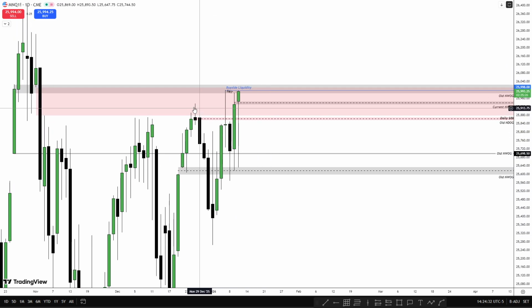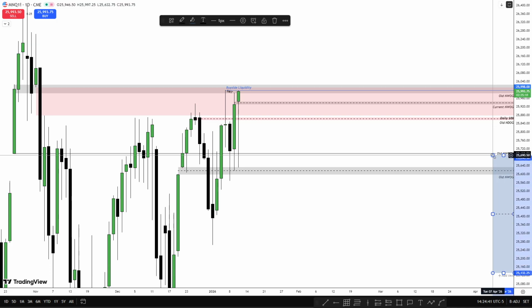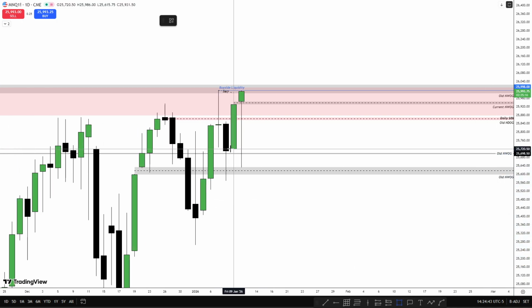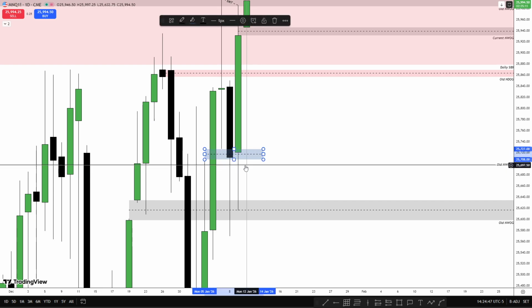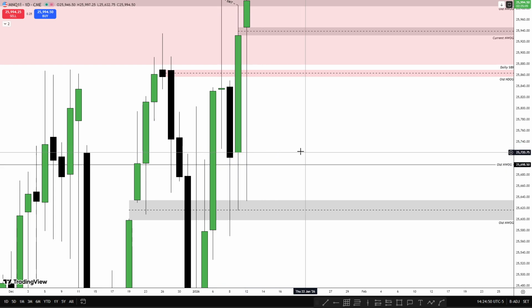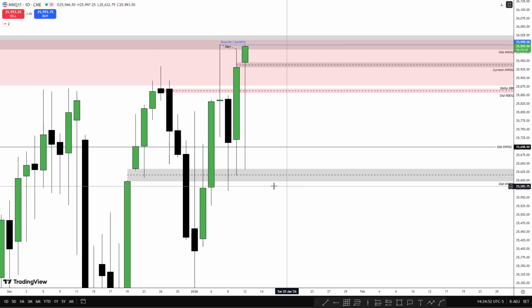Then we went higher. We swept this high on Wednesday, then we retraced. You can see the body of the Wednesday candle closing below this. Okay, nothing. But we have a small volume imbalance right here, so I'm going to include that.